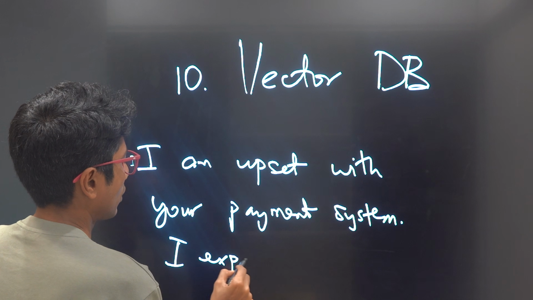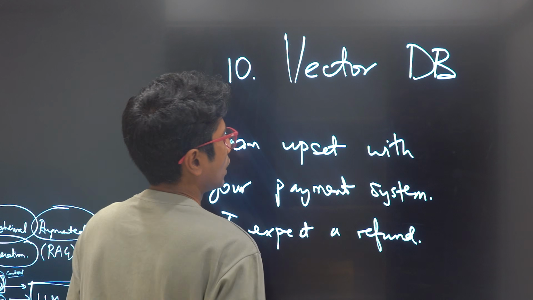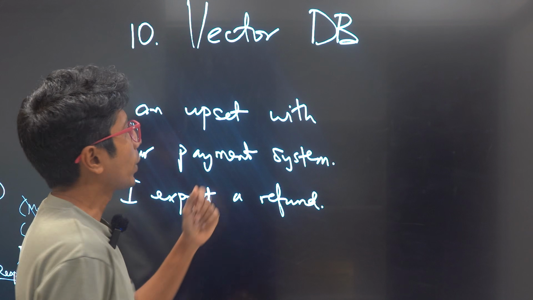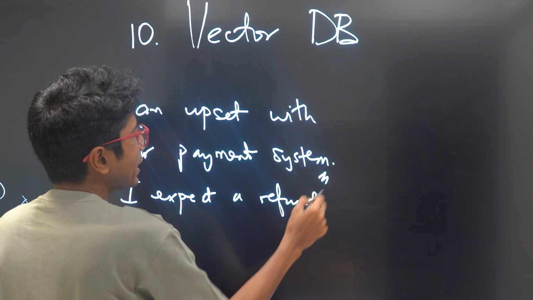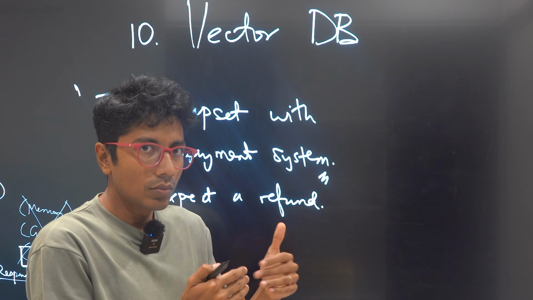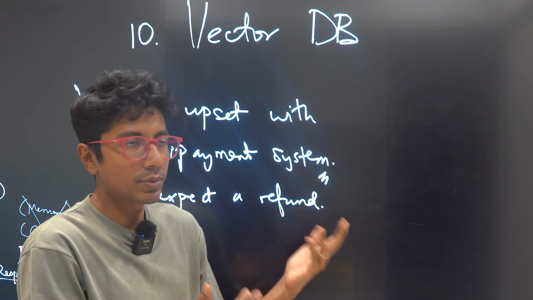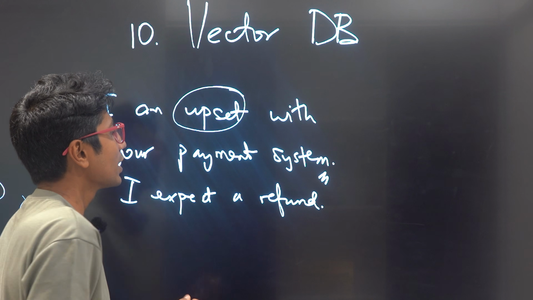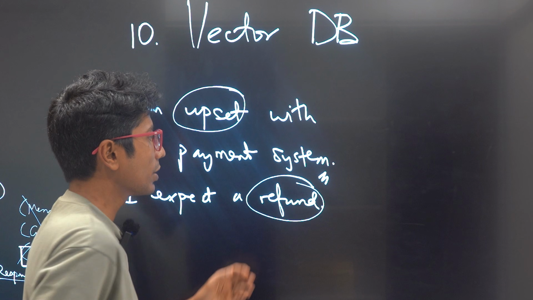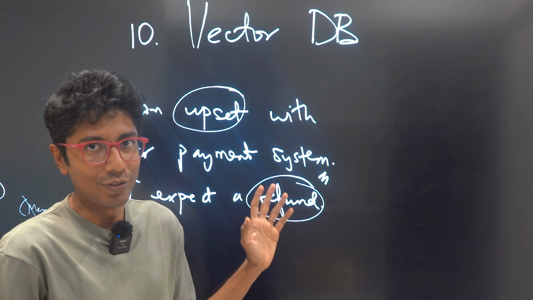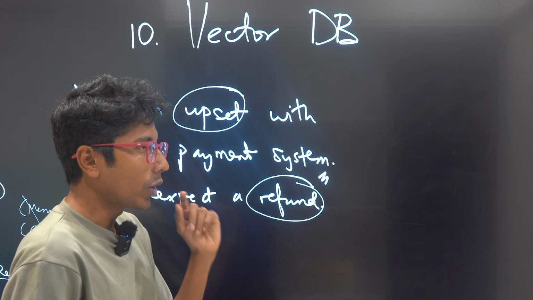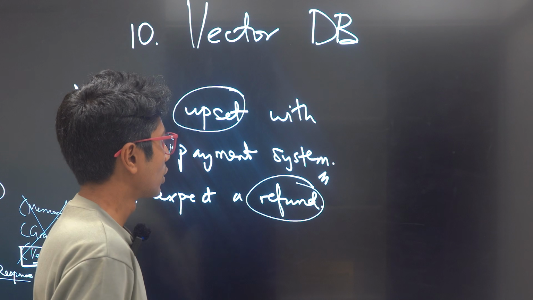I expect a refund. There are a lot of terms in this query. A human being can read this and easily understand what the user is feeling. They're feeling upset. They've clearly mentioned it, but they are looking for a refund. If you give them a refund, maybe the upset feeling will go away. Which documents do you search for?